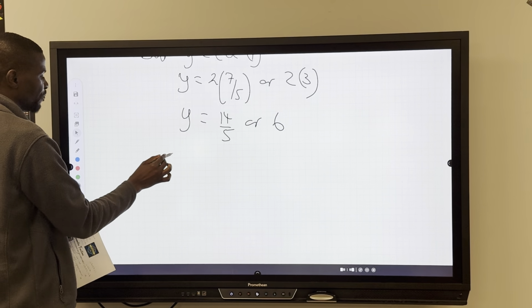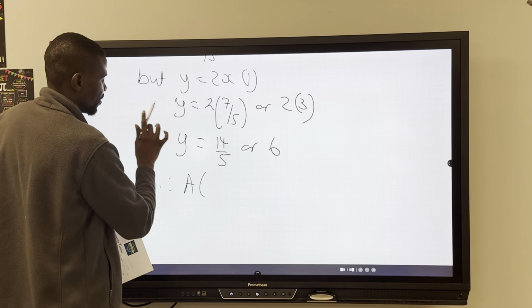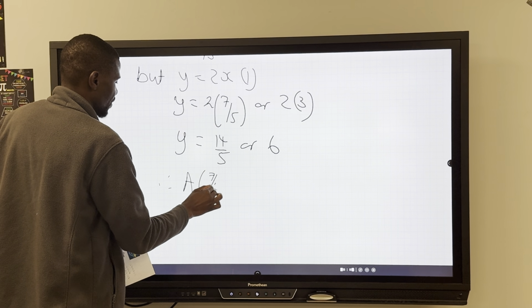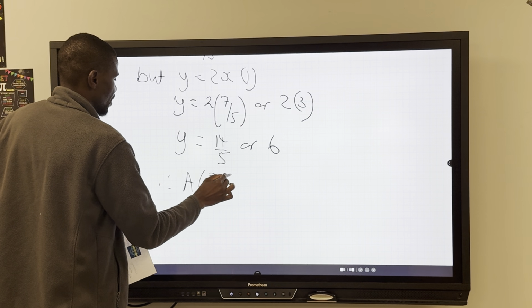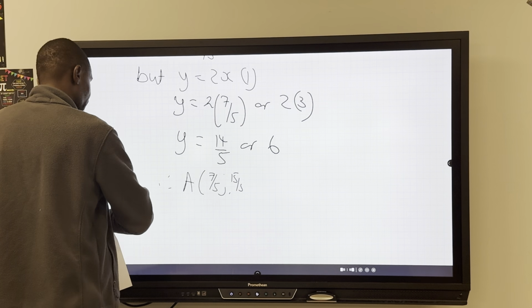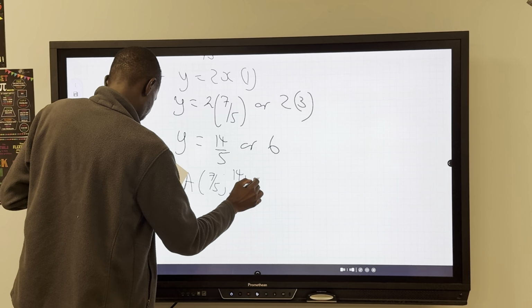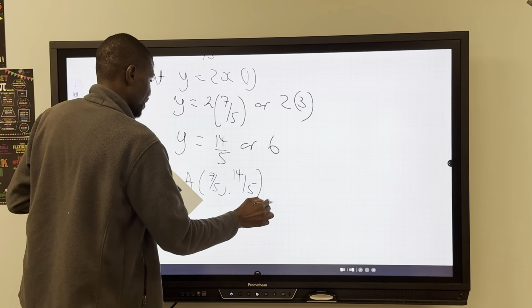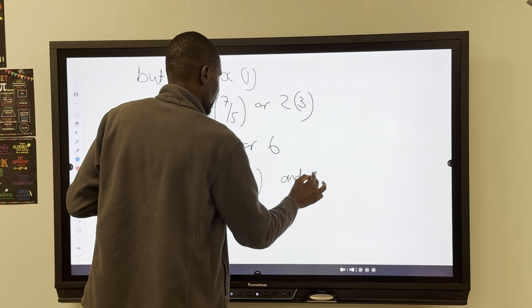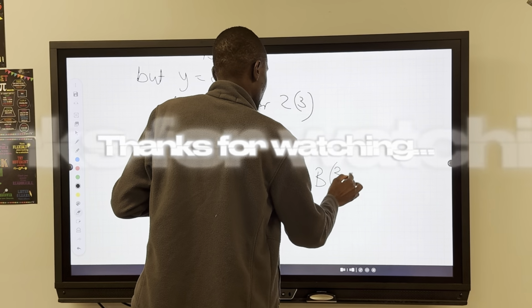So therefore, A is equal to 7 over 5, 14 over 5, and B is equal to 3, 6.